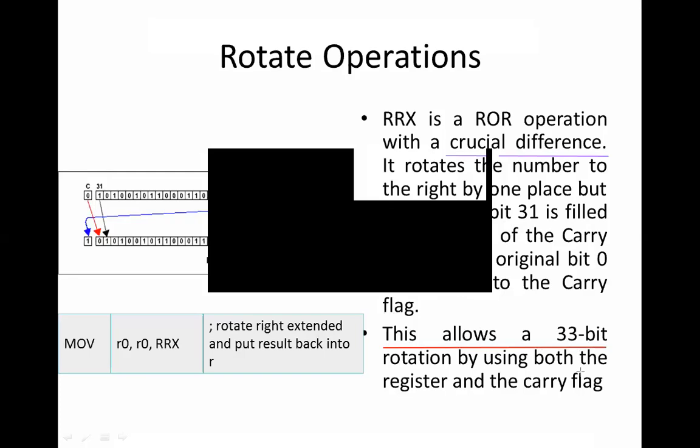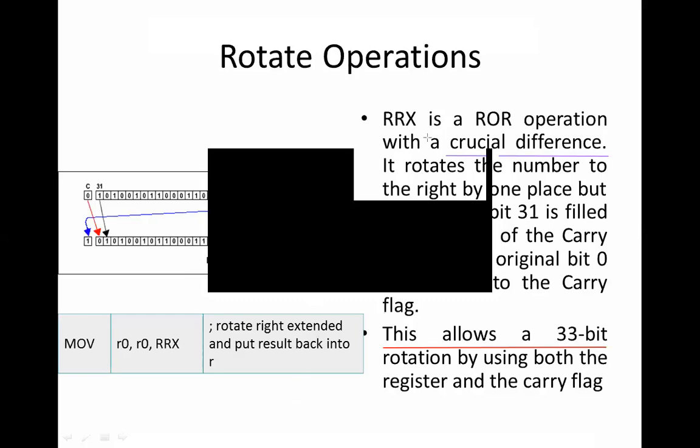Now you might be thinking, sir, do we really need these kinds of operations? Do we really need the extended operation, or would just rotate right, shift left, shift right be sufficient? Sometimes there can be scenarios where you will need an extra bit. In that case, you can take full advantage of RRX.